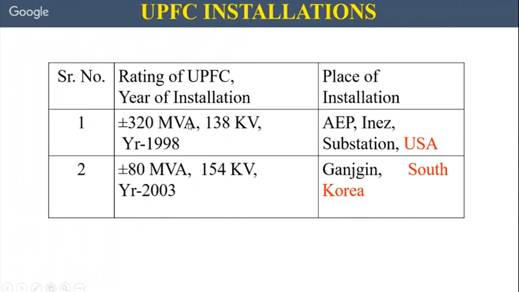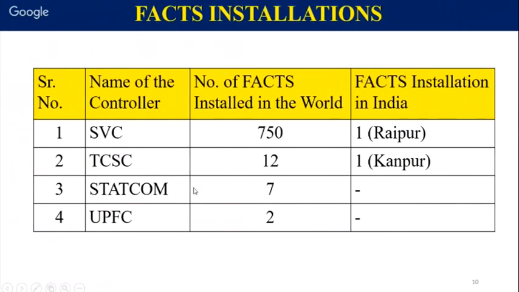Here it is 320 MVA and it is just 80 MVA. As compared to other installations, like SVC, in India one SVC is at Raipur and one TCSC is at Kanpur. No SSSC is installed because all the advantages of SSSC can be met by the TCSC as it is also connected in series.